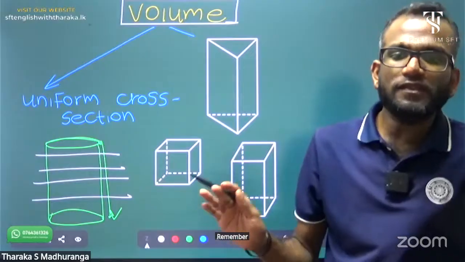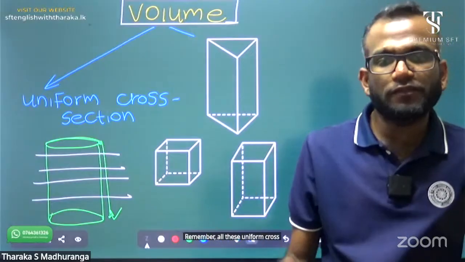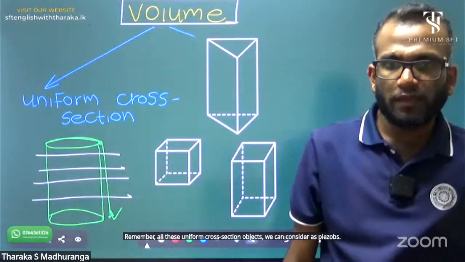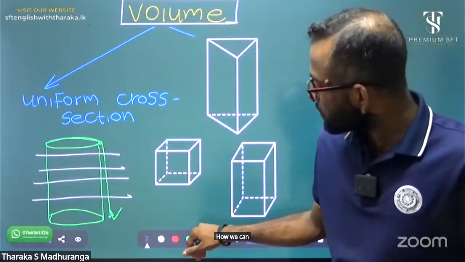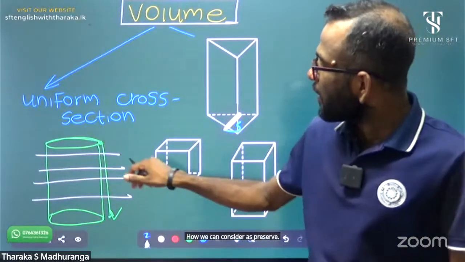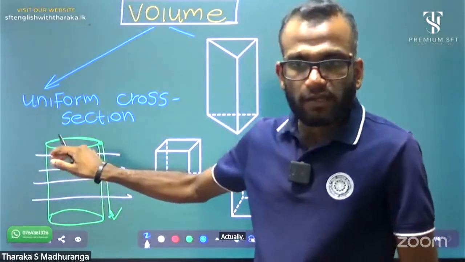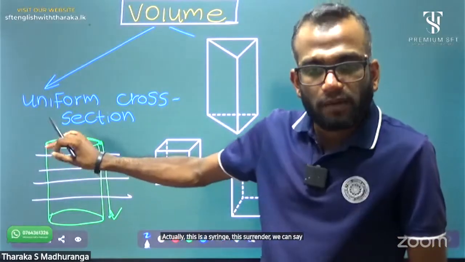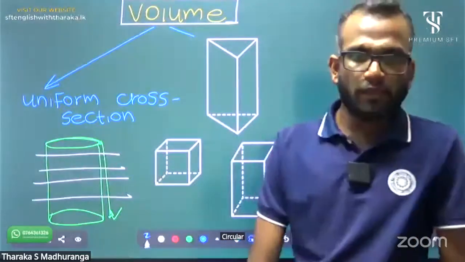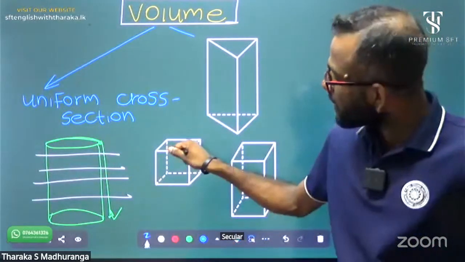Remember, all these uniform cross-section objects we can consider as prisms. How can we consider them as prisms? Actually, this is a cylinder. This cylinder, we can say it is a circular prism. It's a square prism.